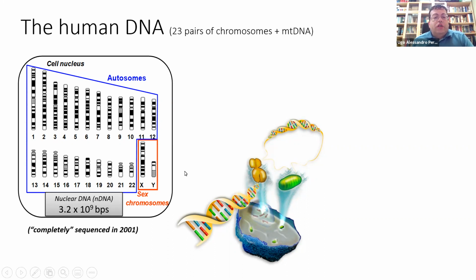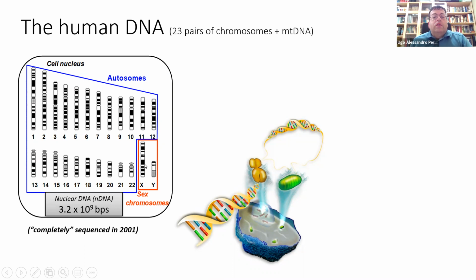And that is what you see here on the left. It is the nuclear DNA made up of 23 pairs of chromosomes. 23 we receive from our mom, 23 from our dad. 22 of the 23 chromosomes are referred to as autosomes. So we have 23 pairs of nuclear chromosomes. 22 pairs are known as autosomes, thus autosomal DNA.